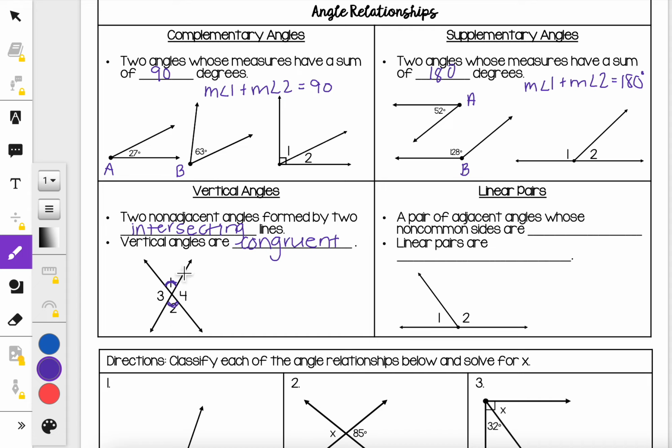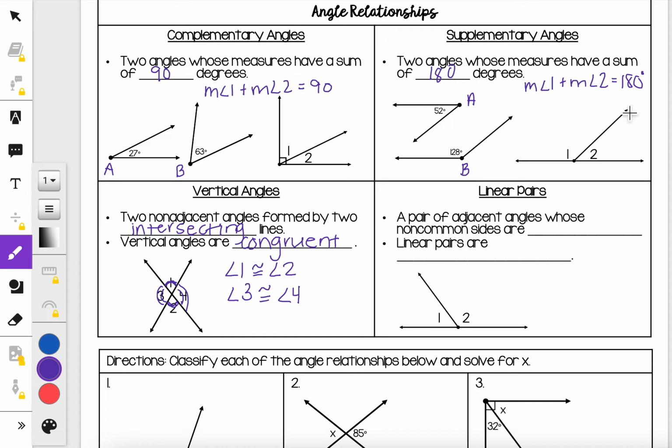We have our intersecting lines, and they're the angles that are across from each other. So angle 1 would be congruent to angle 2, which we know means their measures are the same. We can also say angle 3 and angle 4 are another pair of vertical angles in that diagram.